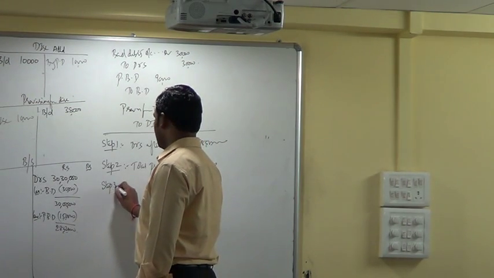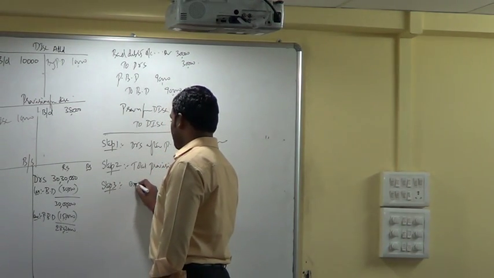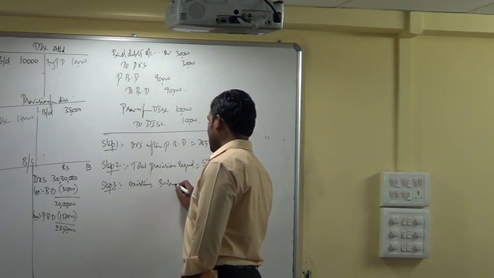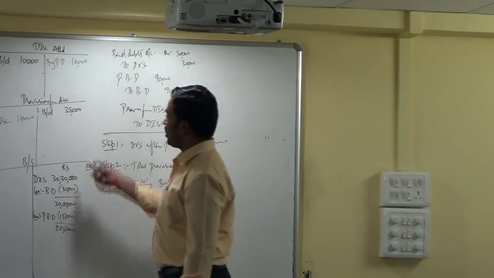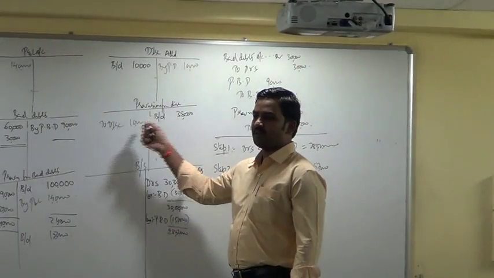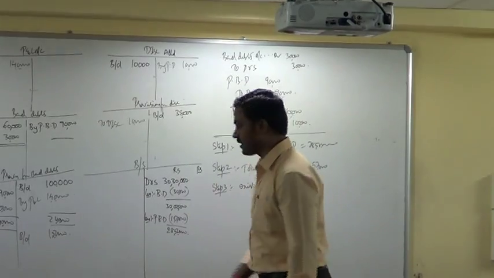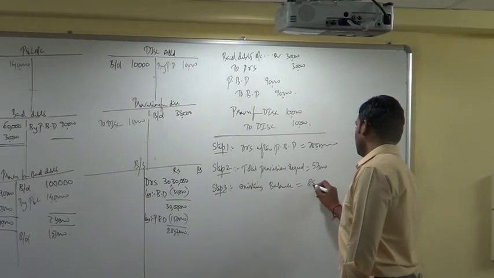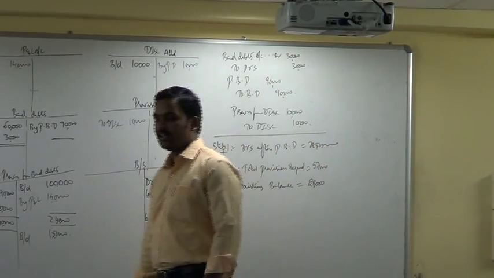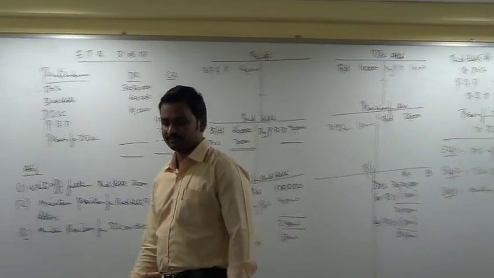Step 3: Existing balance. Look at the board. Out of 38,000, 10,000 is utilized. So what is the balance left? 28,000. Existing balance 28,000.